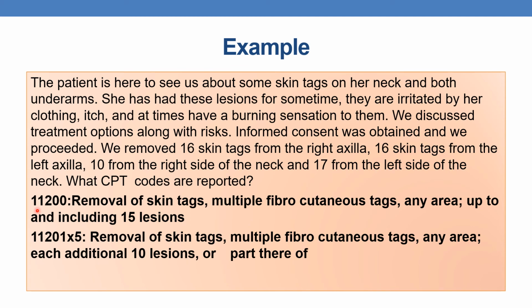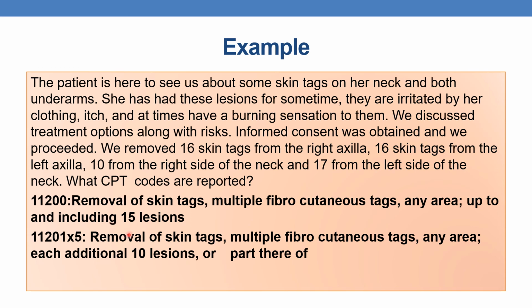So the first CPT is 11200, removal of skin tags, multiple fibrocutaneous tags, any area up to and including 15 lesions. So how many lesions are done here? 16 plus 16, 32, plus 10 from the right side of the neck, 42, plus 17 means 59. In total, 59 skin tags are there and they are removed. So for the first 15 skin tags, you will report 11200.